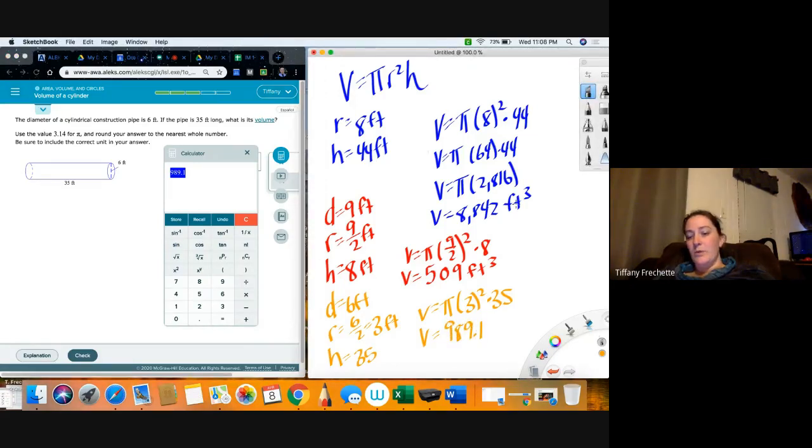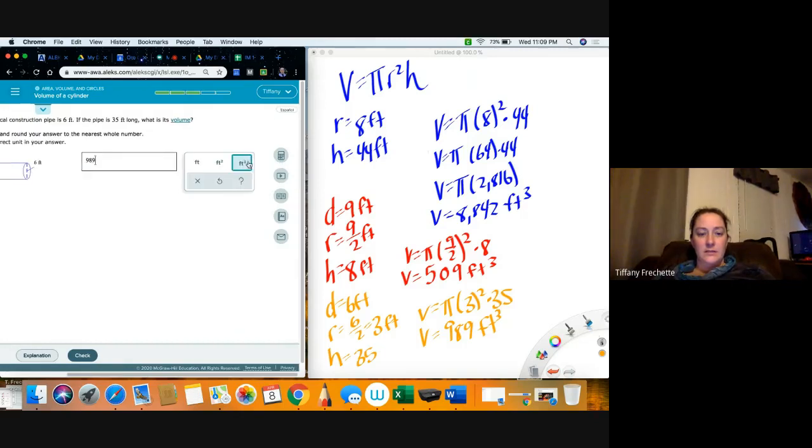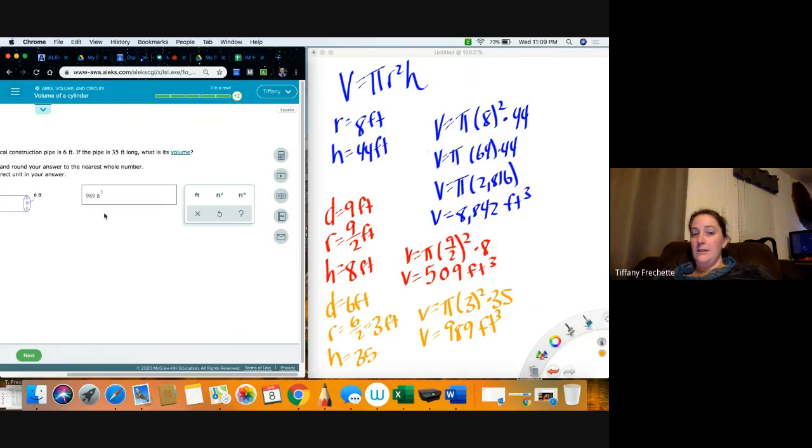Since that's only a 1, it's just going to round down, and this is feet cubed again. It shouldn't be such a big cube, so it should be a smaller 3 like that. All right. 989 feet cubed. Check. All right, so we finished another one.